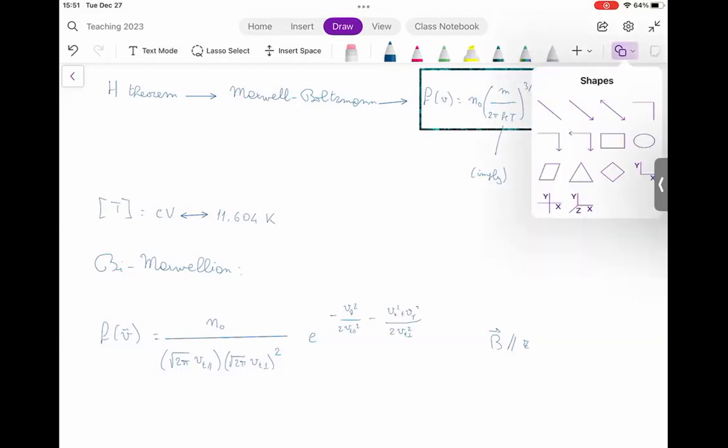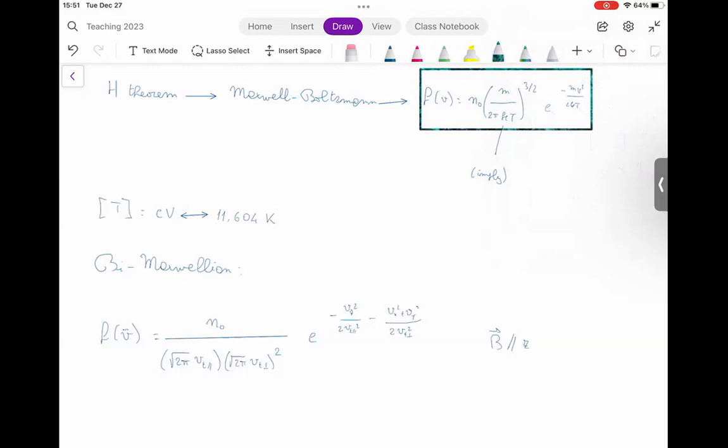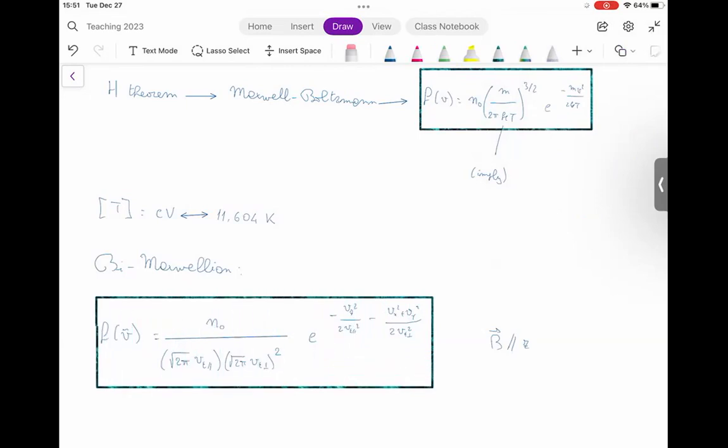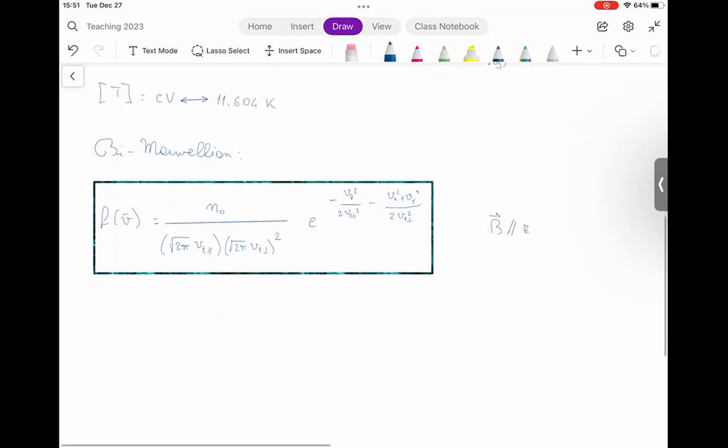Okay, this is a bit of a monster, but let's see what we can do with it. What does it mean? What I mean with the symbols V thermal parallel and V thermal perpendicular is the following. V thermal parallel is going to be equal to the square root of T parallel divided by m, and analogous for V thermal perp.